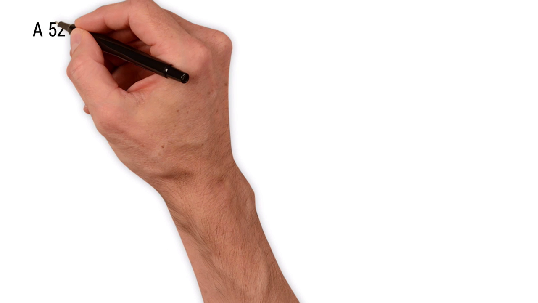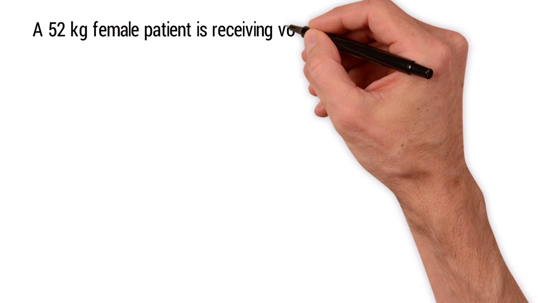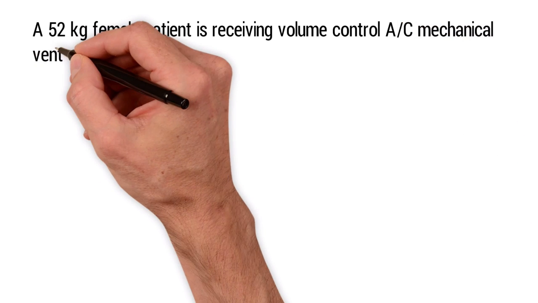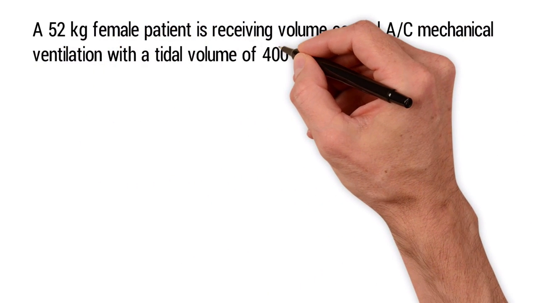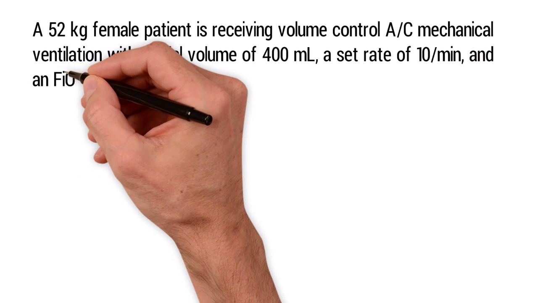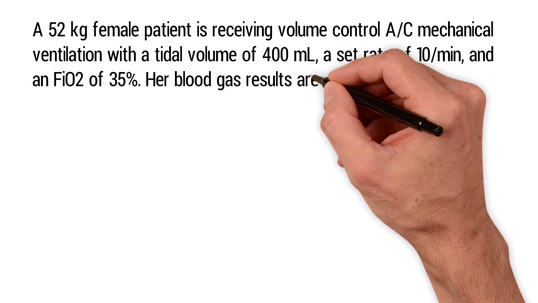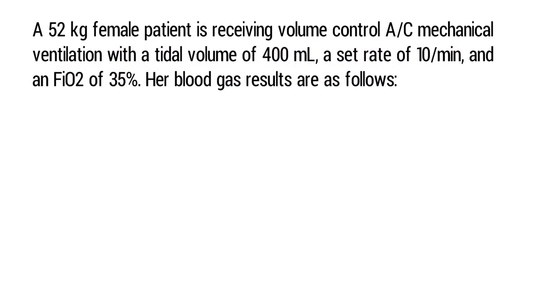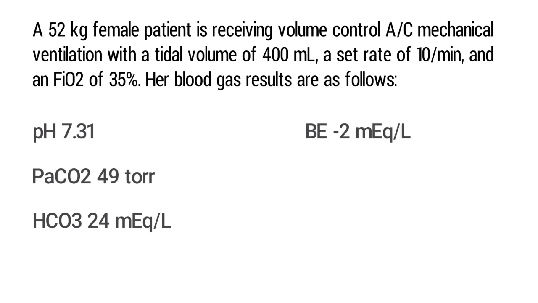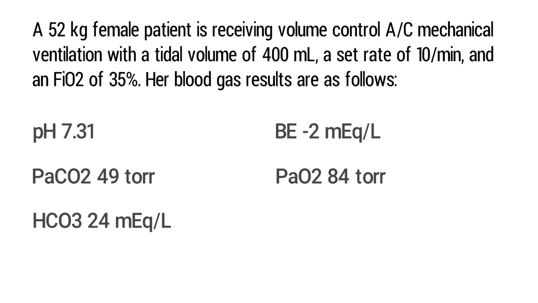A 52-kilogram female patient is receiving volume control, assist control mechanical ventilation with a tidal volume of 400 milliliters, a set rate of 10, and an FiO2 of 35%. Her ABG results are as follows: pH of 7.31, PaCO2 of 49, bicarb of 24, base excess of -2, a PaO2 of 84, and an SpO2 of 95%.